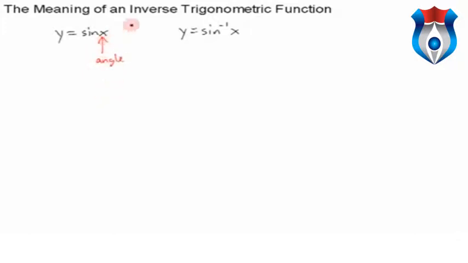And so that means over here that the y is the angle. So for the inverse trig functions, because these are inverses, the x and y switch places, the input and output switch places. So the input here is the output here. The idea is that the sine inverse always results in an angle.